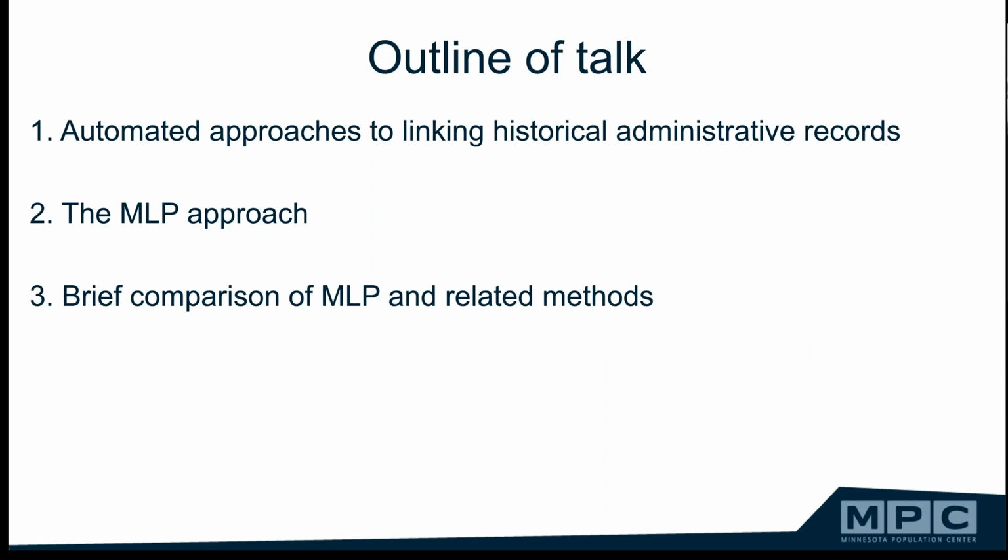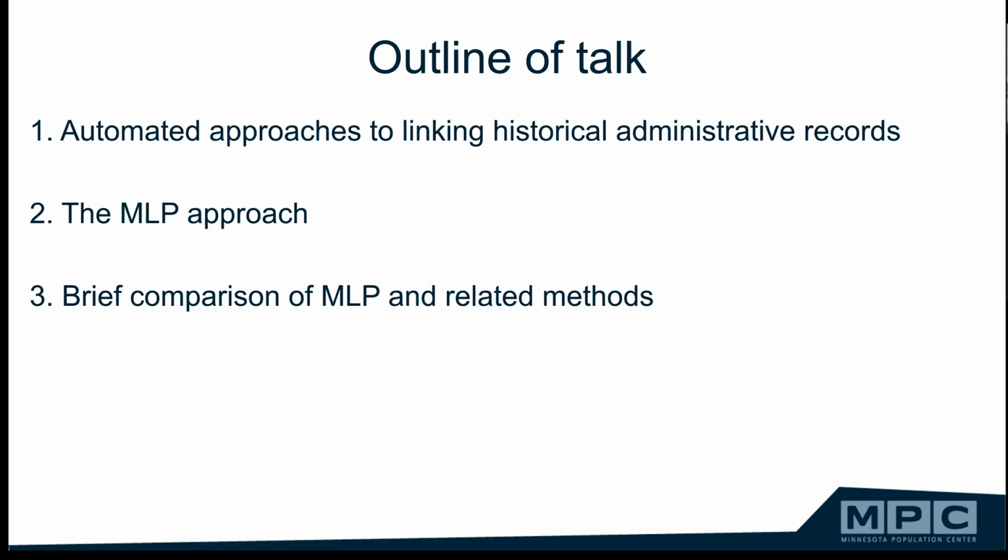The purpose here is not so much to convince you to use MLP data instead of other data, but to provide you with some relevant information that will help you make that decision yourselves.